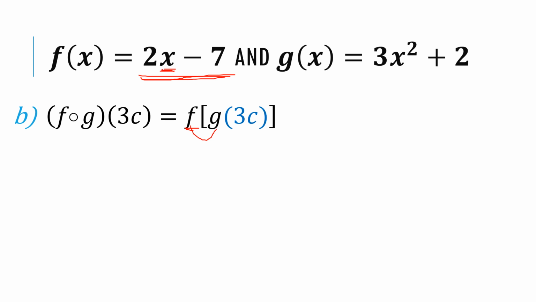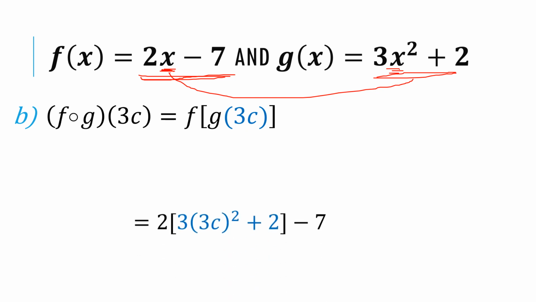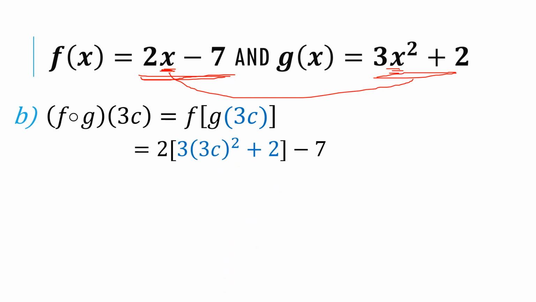So, instead of writing x, ang ginawa ko sa x is itong g. Okay? And sa g naman, ang domain nito, ang ginamit ay 3c. So, instead of writing x dito sa g, ginawa ko siyang 3c. So, magiging 2 times itong quantity na 3 times the quantity of 3c squared plus 2 and then minus 7.